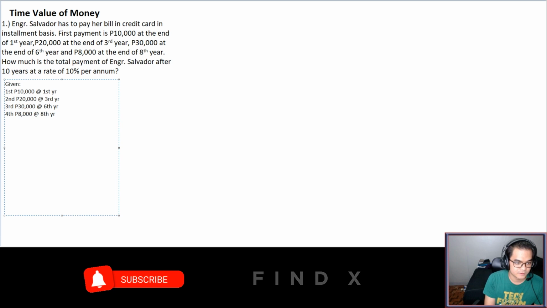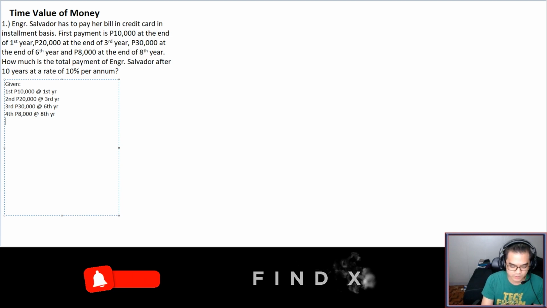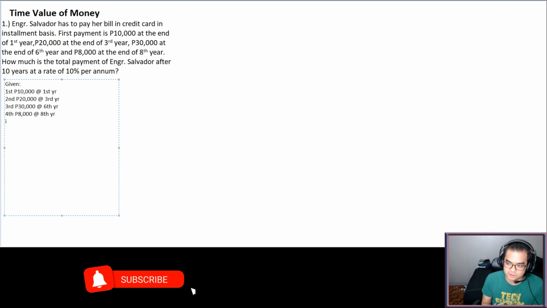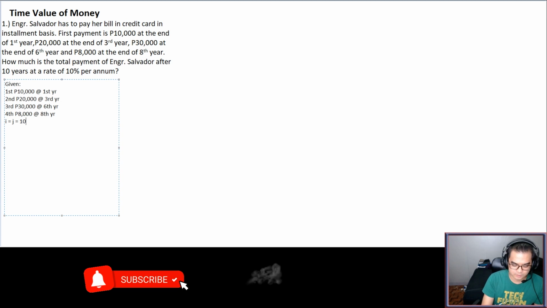The given interest rate is 10% per annum. Per annum also means annually. So we can say that this is your I when the interest rate is compounded annually. The I and J are just equal because again the N is just equal to 1. So I or J is just equal to 10%.